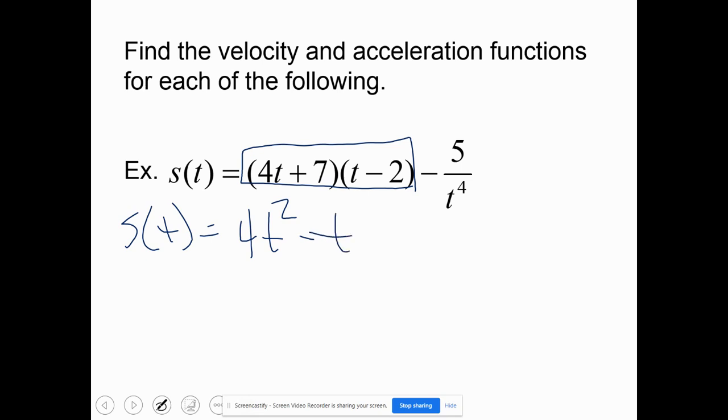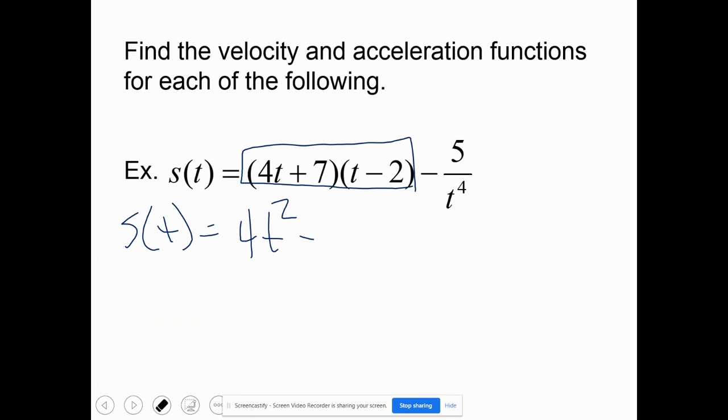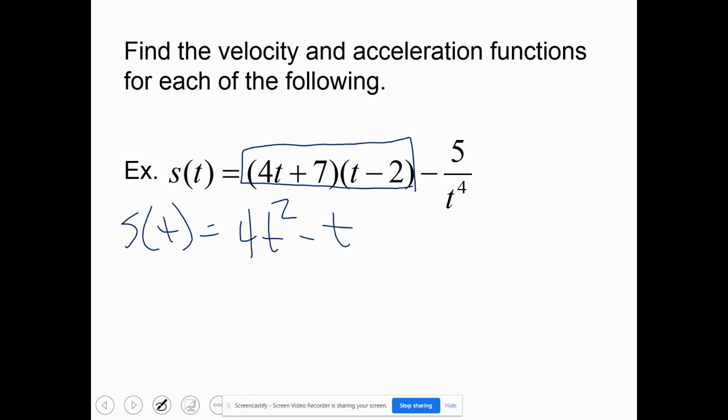I got a minus 4t squared, minus t, or minus 1t, minus 14.